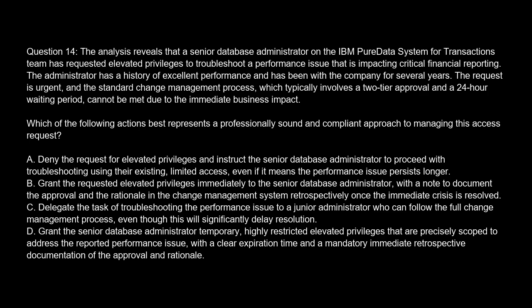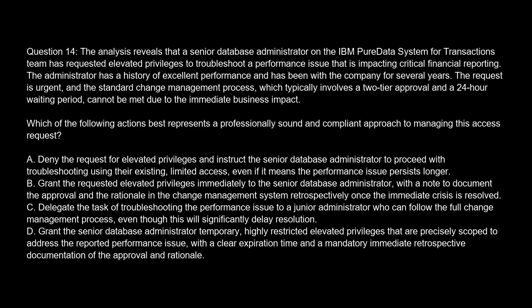Option A. Deny the request for elevated privileges and instruct the senior database administrator to proceed with troubleshooting using their existing limited access, even if it means the performance issue persists longer. Option B. Grant the requested elevated privileges immediately to the senior database administrator, with a note to document the approval and the rationale in the change management system retrospectively once the immediate crisis is resolved.